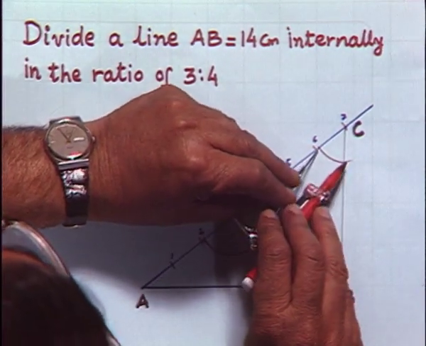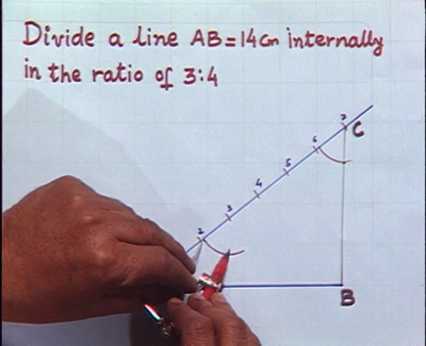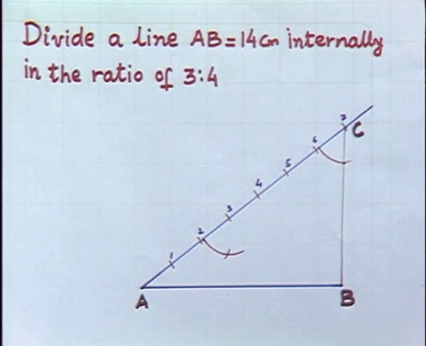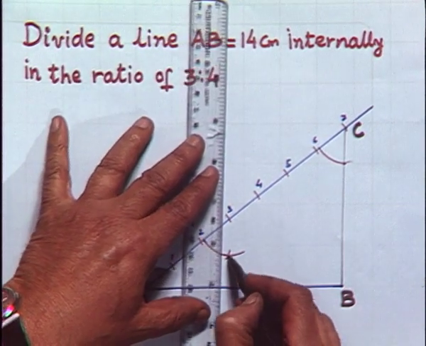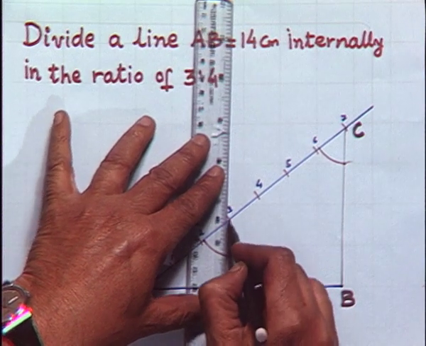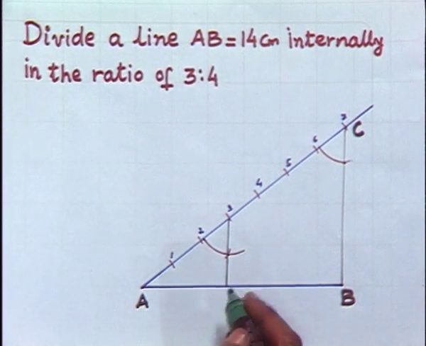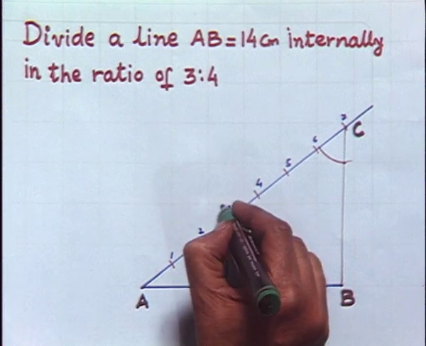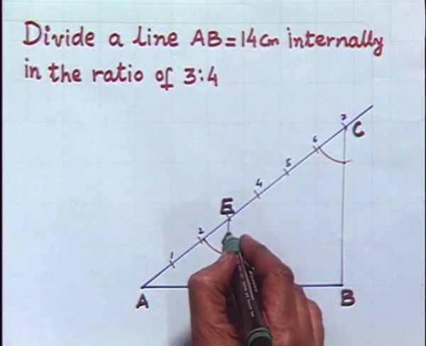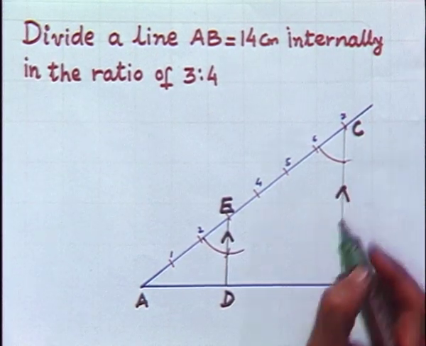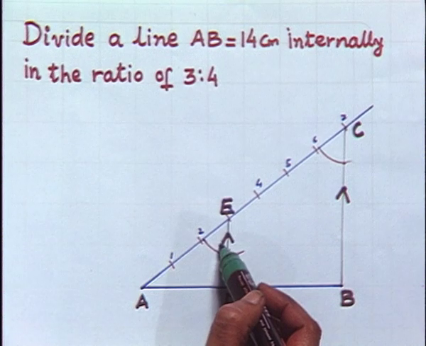Measuring this angle, name this point as D and this as E. Here the line DE is parallel to line BC because we have made this angle equal to this angle, and these are nothing else but corresponding angles.